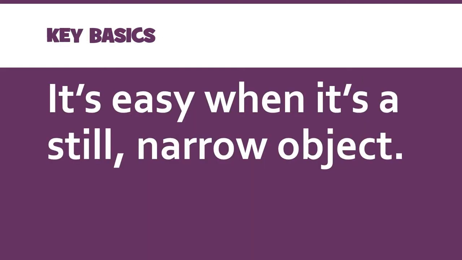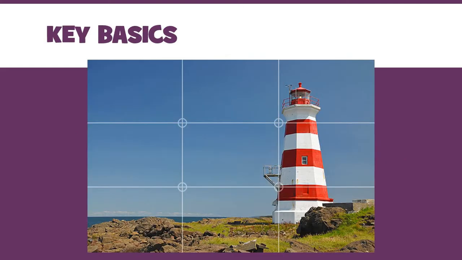Now this is going to be relatively easy to line up when you're taking a picture of a still object that's not moving around, not jumping, not running, etc. Or if it's a narrow object, because then you can really line it up. So for example, if I was taking a picture of this wonderful lighthouse, it's easy to put the lighthouse in the third, or roughly on the line of the thirds, because lighthouses don't move, and lighthouses are relatively tall and skinny.